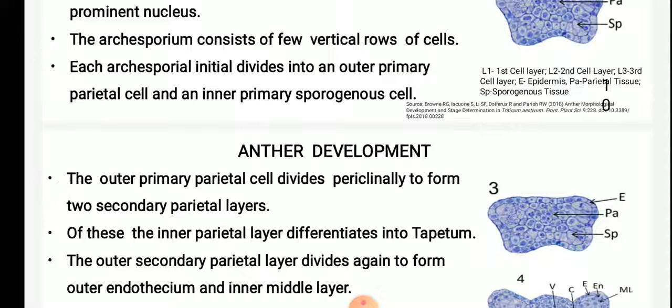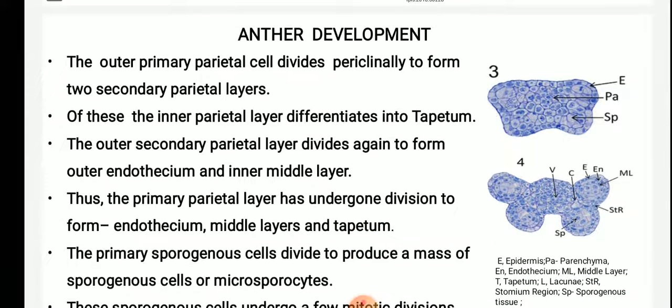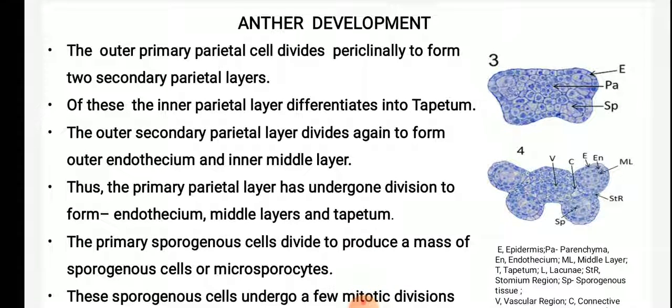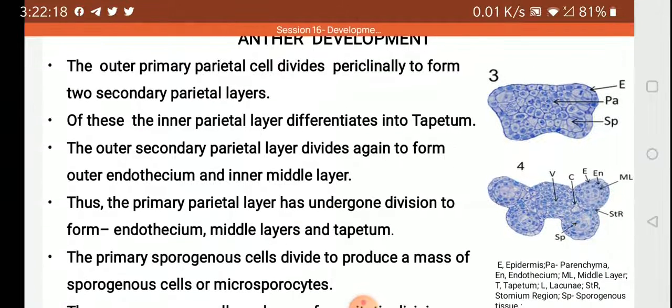So the archesporial cells undergo periclinal division, parallel division, to form the inner sporogenous cells and the outer primary parietal layer.